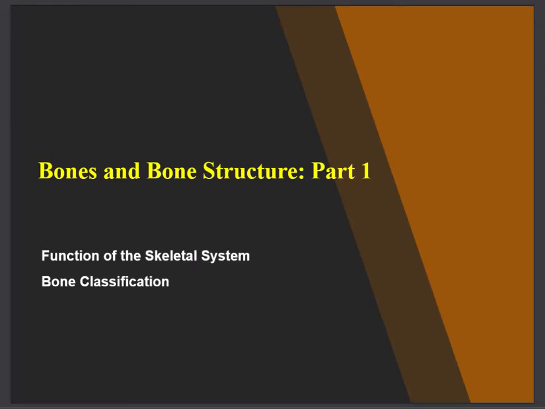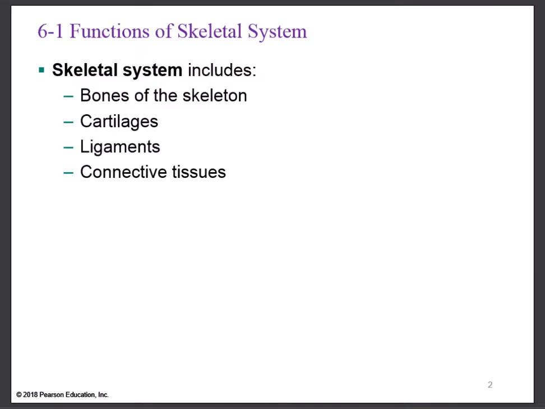In this lesson, we'll introduce bones and bone structure by taking a look at the function of the skeletal system as well as the methods of classifying bones. When we think of the skeletal system, we want to consider all the bones of the skeleton, of which there are 206 of them.